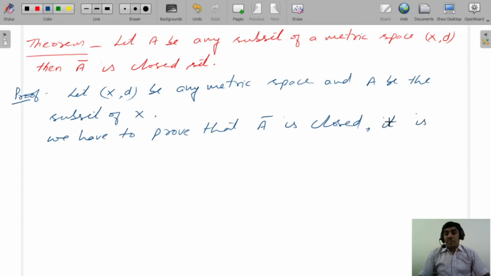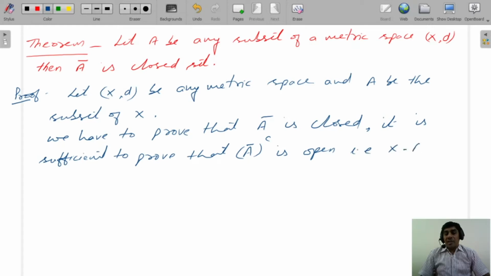It is sufficient to prove that its complement is open, that is, X minus A closure is open.